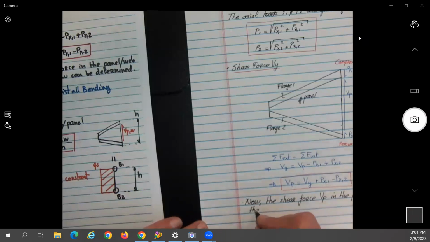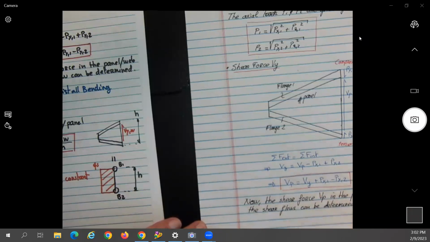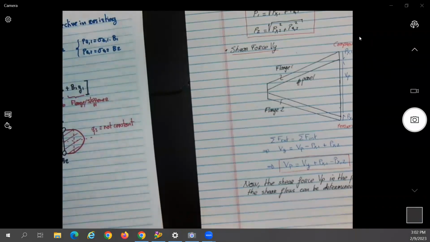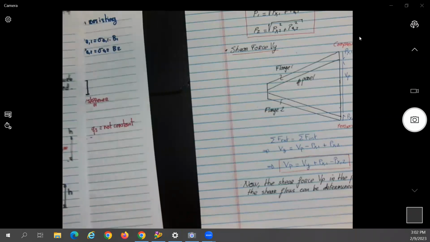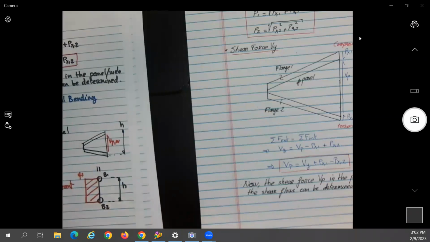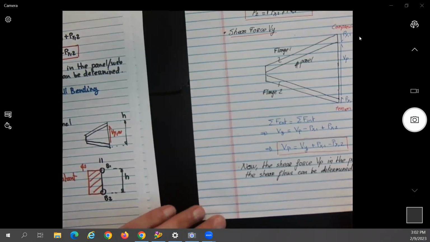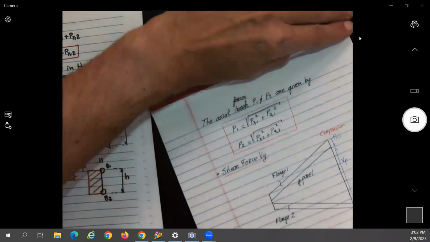Well, the shear flow can be determined. I'm going to go to the next page, because I'm going to run out of space.